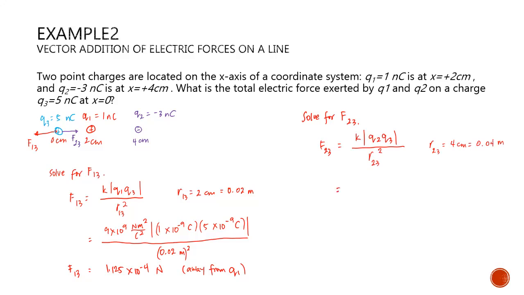So plug in the values: the Coulomb's law constant, and then times Q2, so just remove the negative sign, in nanocoulombs, and then Q3 is 5 also in nanocoulombs, and then all over 0.04 meters squared.